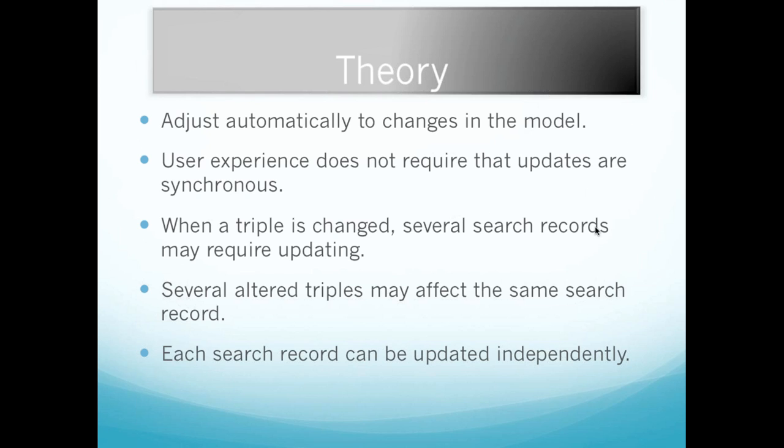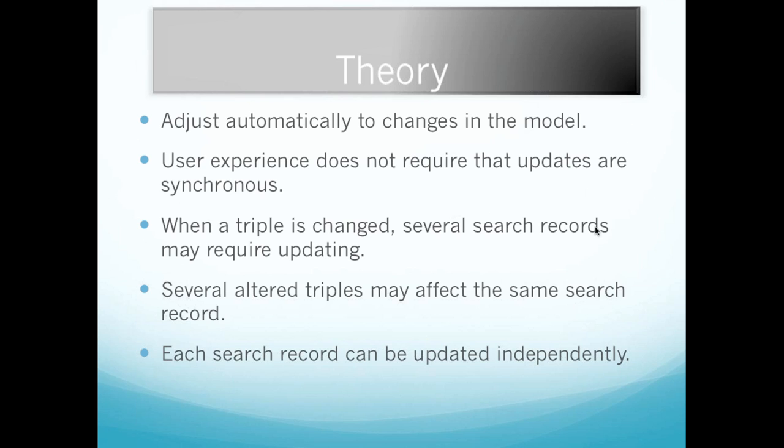So just a little bit about the search indexer. One thing is that when someone makes a change in the model, it should automatically update the search index. Another thing that we've taken as a basis is that the update to the search index doesn't have to be immediate.